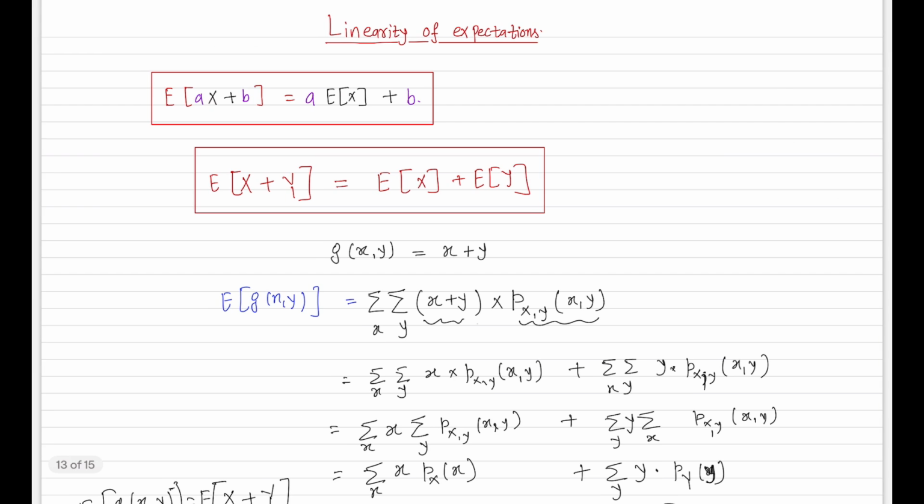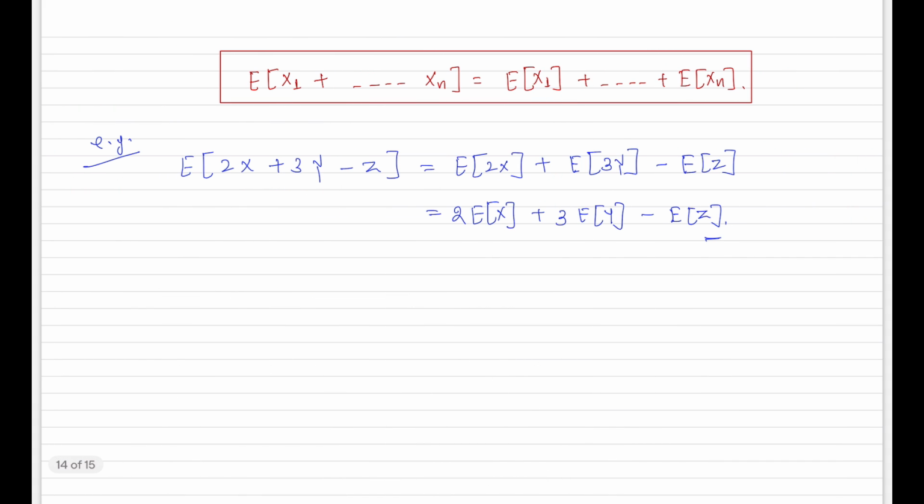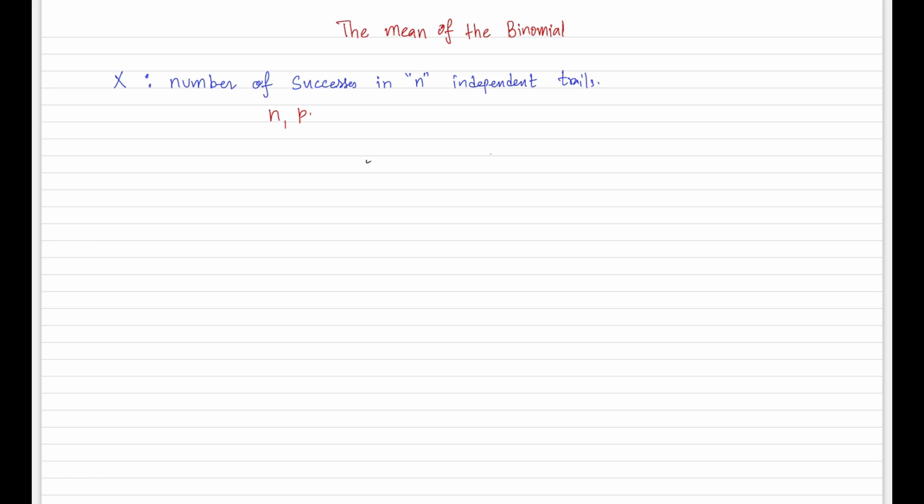Now we will use this linearity property to find the mean, or the expected value, of a binomial random variable. With the binomial random variable, we deal with a kind of experiment where we do n independent trials, and we define a random variable as the number of successes from n independent trials.